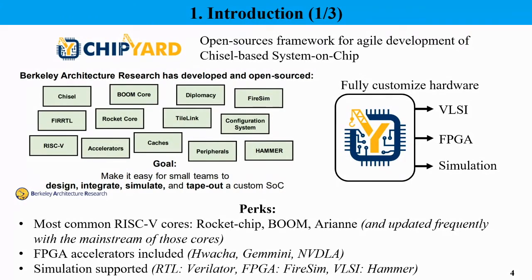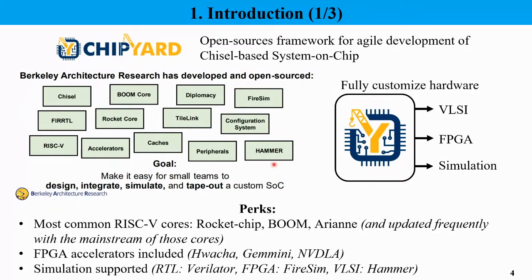The TEE hardware system is a hardware generator based on the Chisel-based Chipyard framework. Chipyard is currently maintained by UC Berkeley and is a conglomerate of hardware generators and RISC-V cores to create a fully customizable environment that makes it easy for small teams to design, integrate, simulate, and build custom systems on a chip, or SoC.